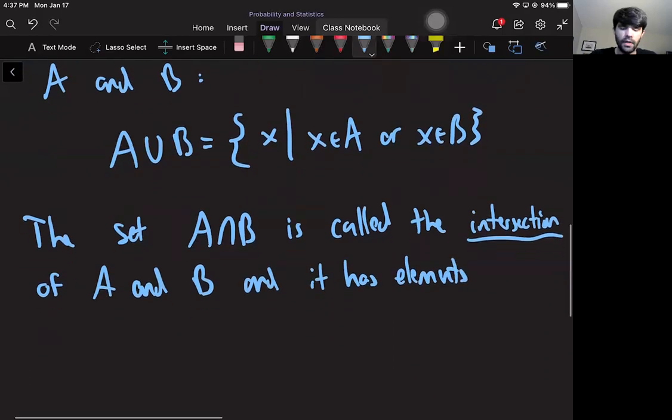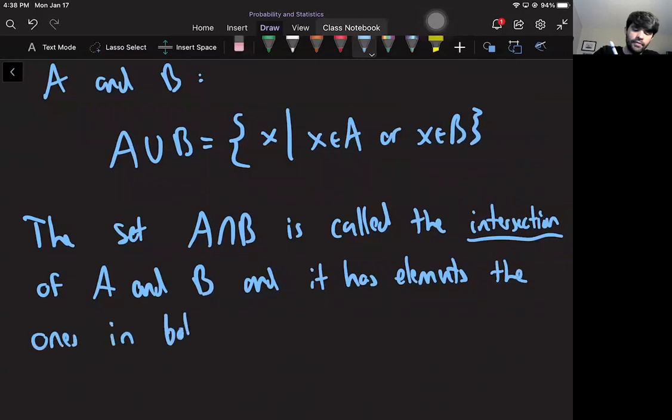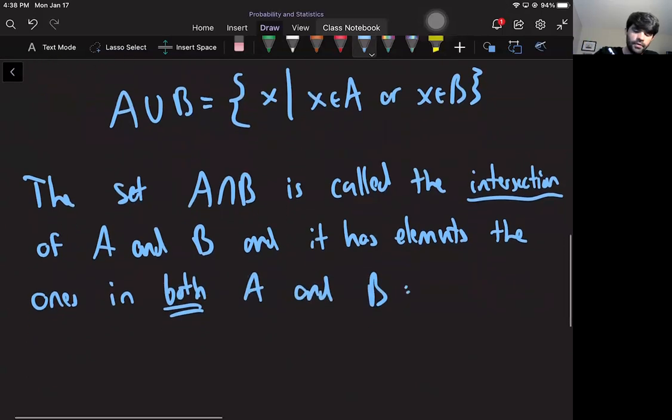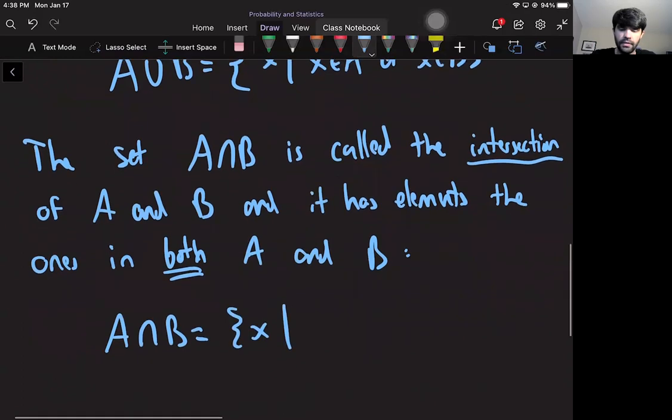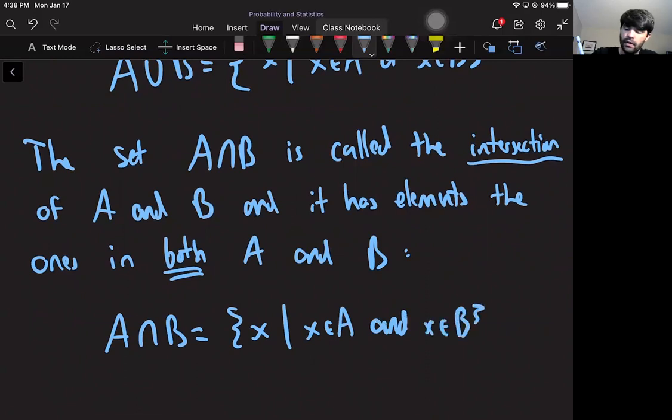The way you get A intersect B is you take everything that is in common to both A and B. So it has elements, the ones in both. They have to be in both A and B. So the very fancy definition is written like this. It's all the elements that are in A and in B at the same time. So we write it like this.